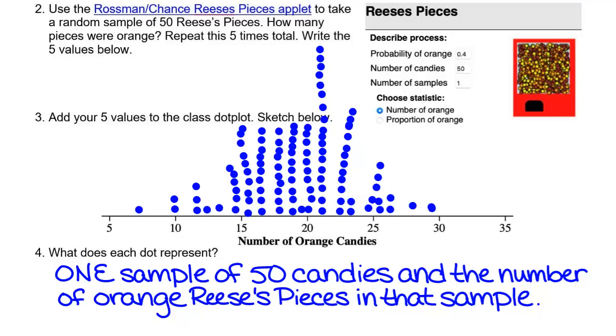And once you get this sketched into your notes, go down to number 5 and calculate the mean and the standard deviation.